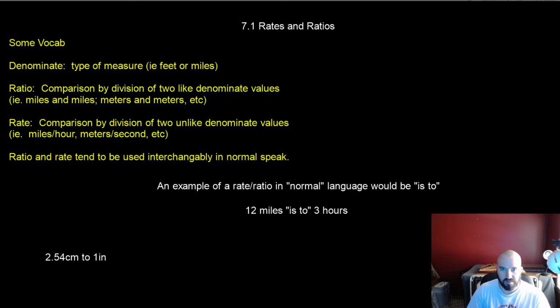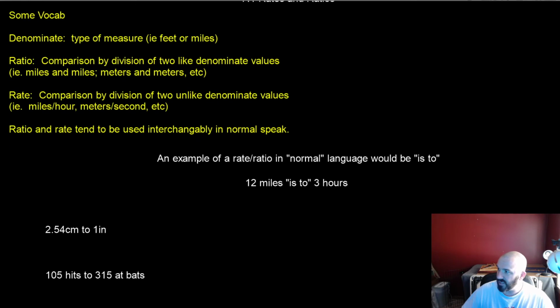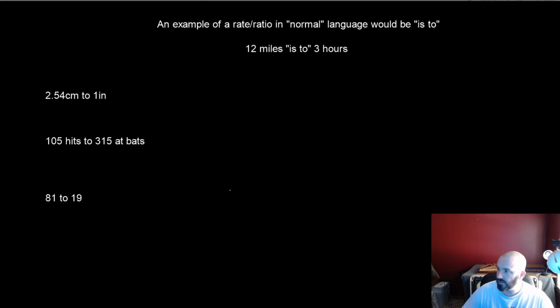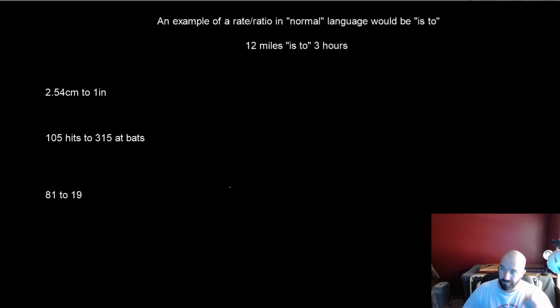Out in the real world, typically rate and ratio are kind of the same thing. We separate them here in math, but most everything you're going to deal with is rates. The ratio thing doesn't come up very often. So anywho, I thought I'd include some of the other pieces in here. They're not as critical, but the "is to" is going to make more sense in section 2 when we talk about proportions.